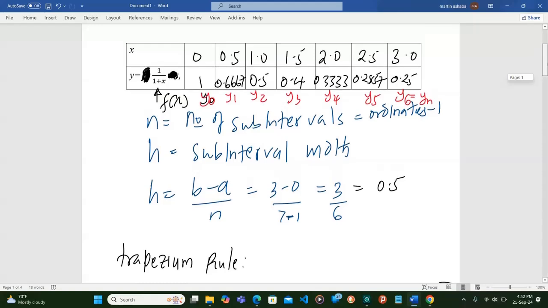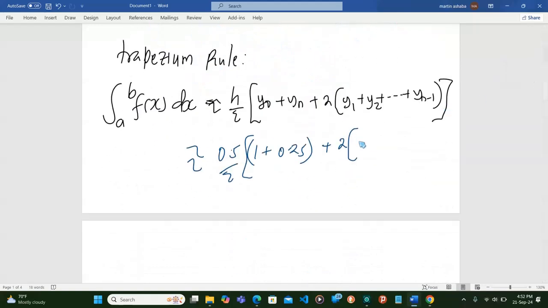So I put those values, 0.667 plus 0.5, 0.4 plus 0.333 plus 0.2857. Then I close that.